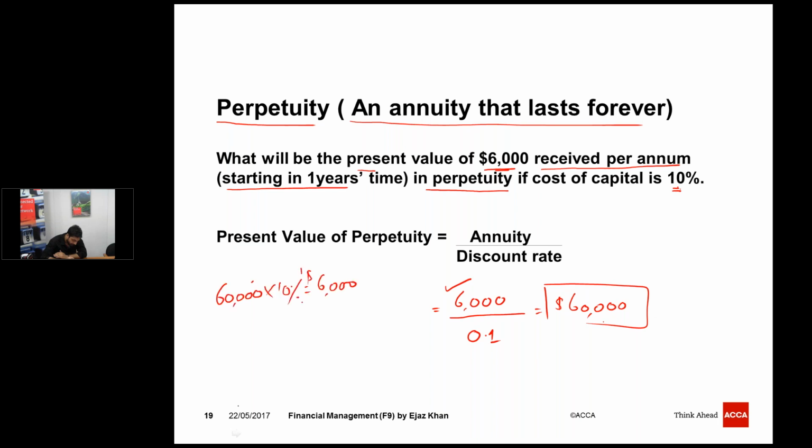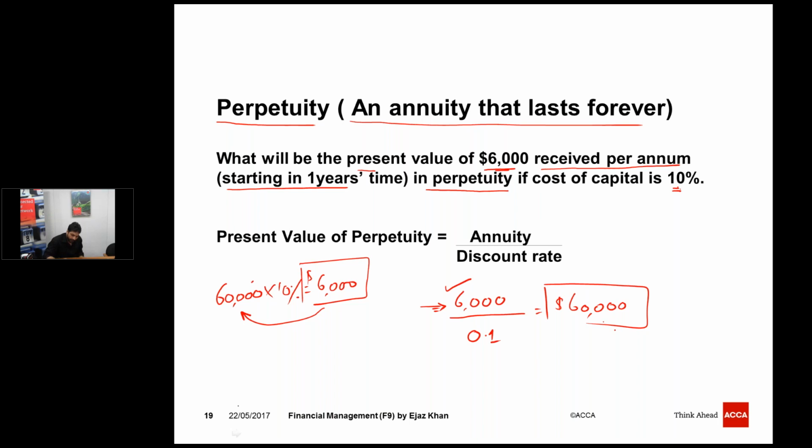So it will need $6,000 every year to justify this investment. And since this project is giving $6,000, which is 10%, therefore it should invest a maximum of $60,000. If it invests more than $60,000 and still receives $6,000, it means it will receive less than 10%, which will not justify the investment. So to justify the investment, the maximum amount should be $60,000.